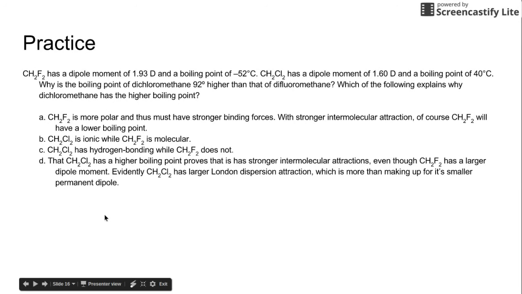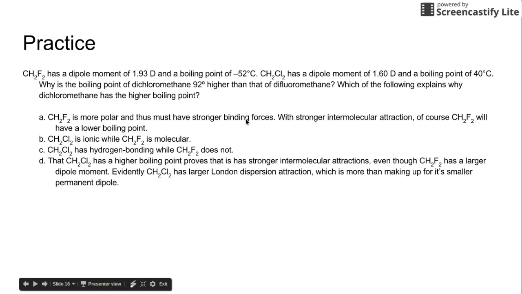Okay. I would have to say that D is the correct answer for this problem. This is more polar, but if they are more polar, they have stronger intermolecular forces.